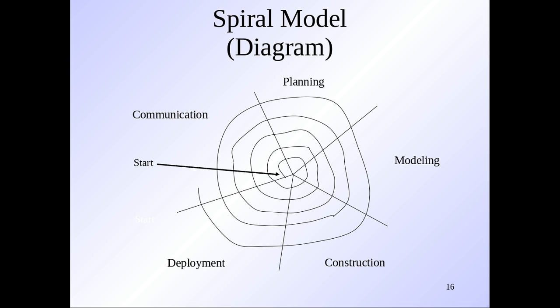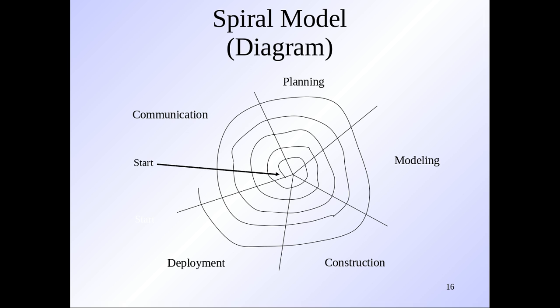Combining these two models, it gives rapid development of more complete versions of your software. The spiral model can be adopted and applied throughout the entire life cycle, from concept development to maintenance.